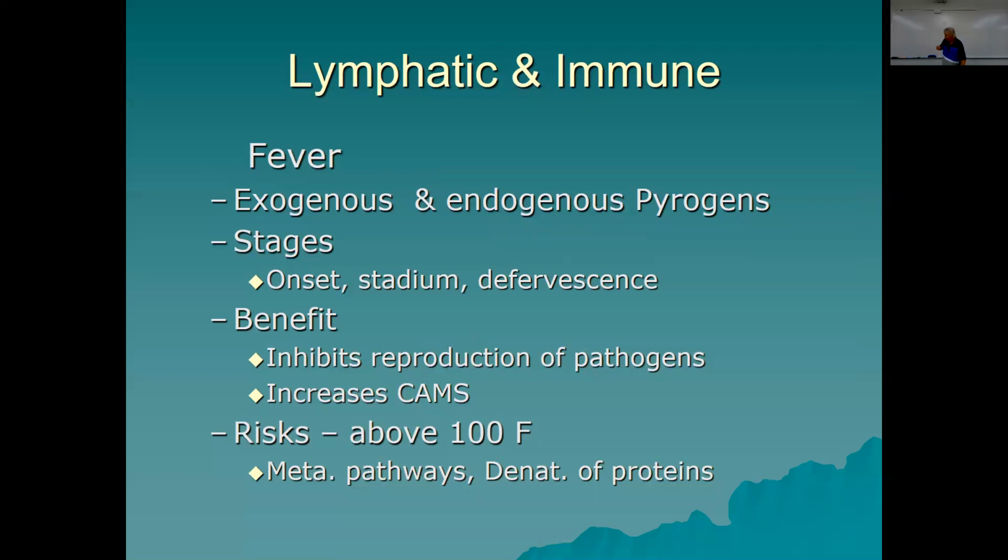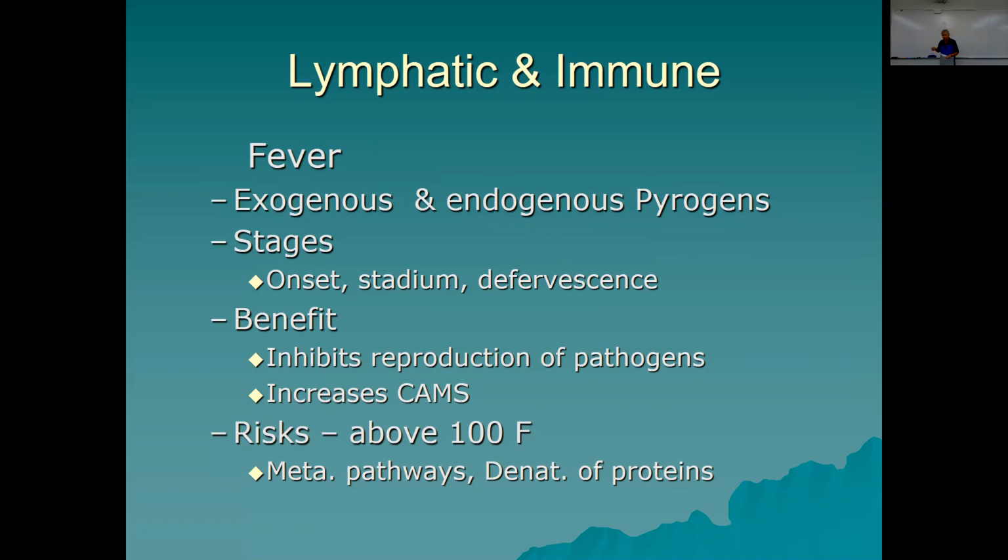But first, let's talk about one more non-specific defense, and that's fever. Okay. There are so-called pyrogens. Pyrogens cause a fever. There's exogenous pyrogens, which are really proteins on the surface of bacteria, and endogenous pyrogens, ones that are made by your own body to induce a fever.